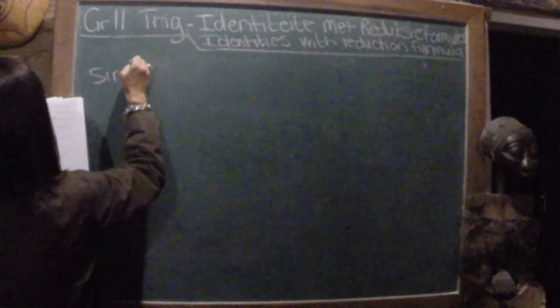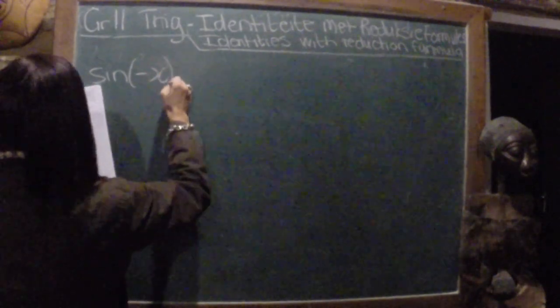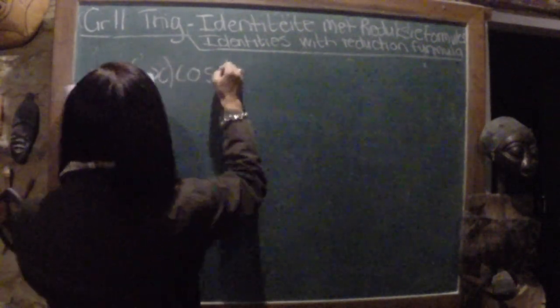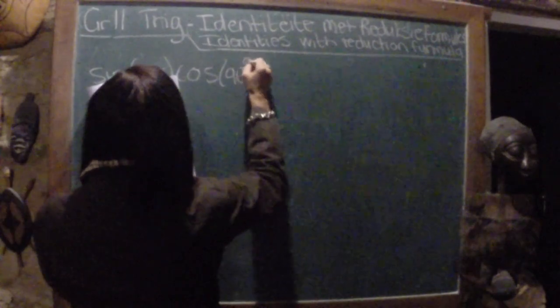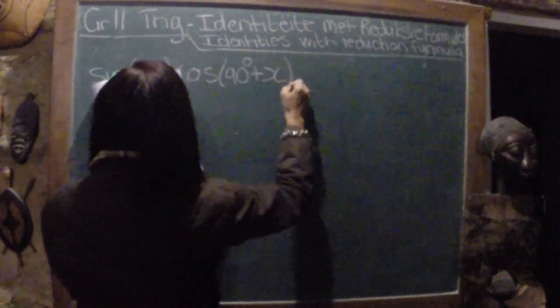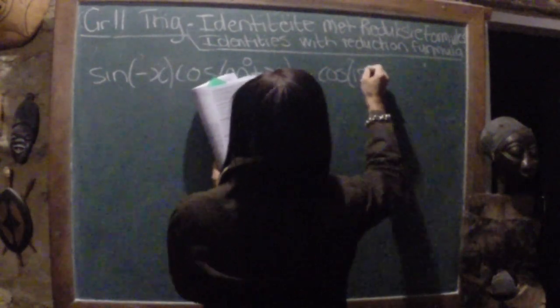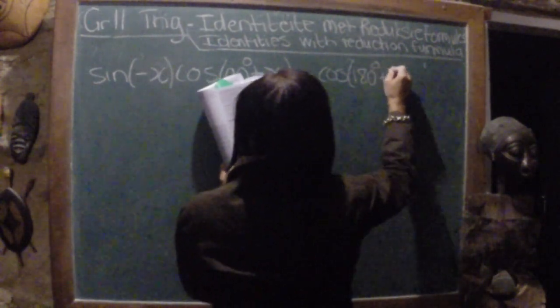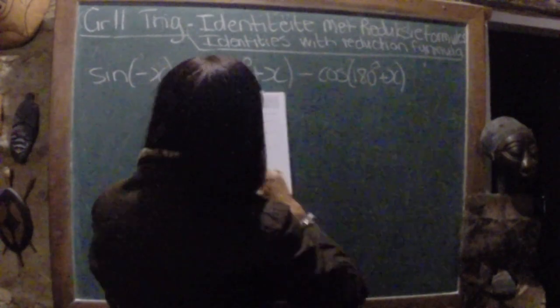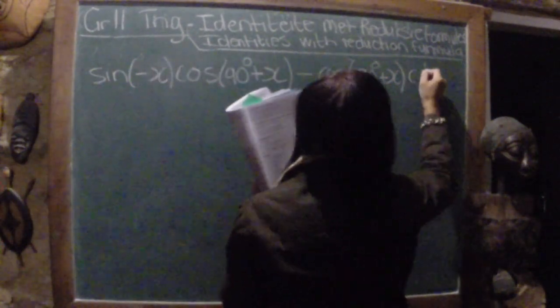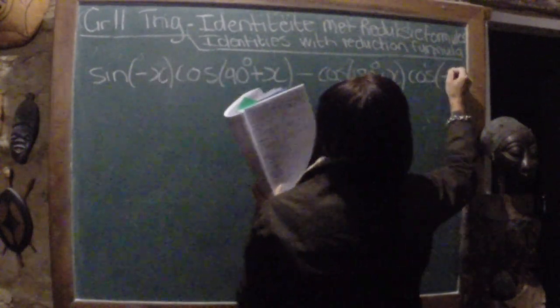We've got the sin of minus x, cos van 90 grade plus x, minus die cos van 180 grade plus x, en dan maal ek dit met die cos van minus x.